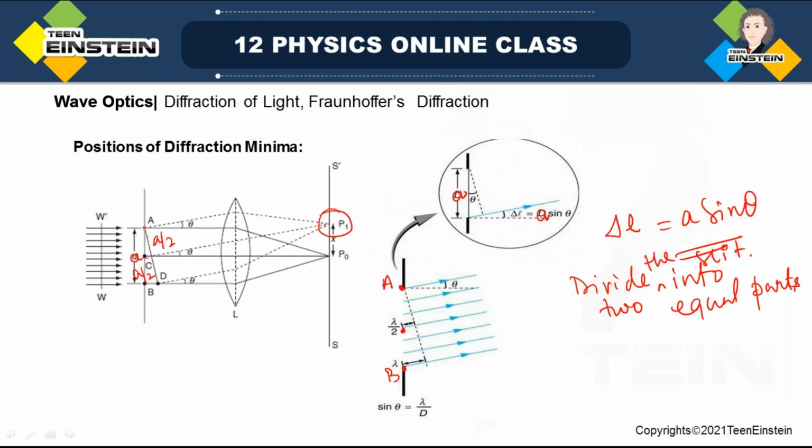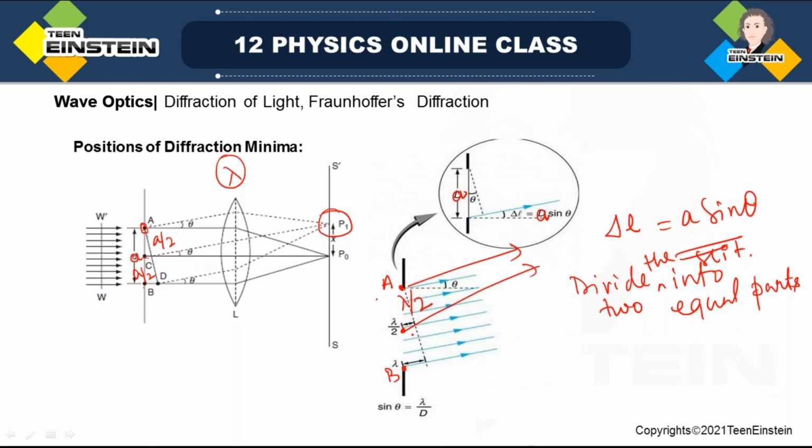Earlier, when light went from point A and another from point B, the path difference was lambda. Now you have two equal parts. If a light goes from here and another from point C, the path difference will be lambda by 2.